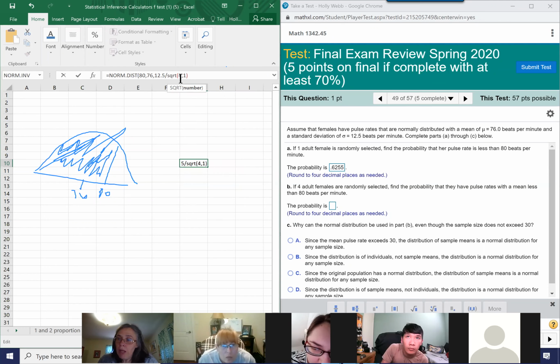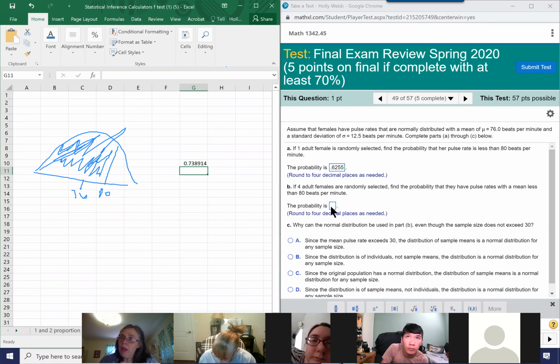But you may have a number you don't know the square root of, so just do square root of the sample size, just like that. And that number should get bigger. So you see how the only thing I changed, I divided the standard deviation by the square root of the sample size, which tells me that any group of 4 females, there's going to be a 0.7389 probability that their mean pulse rate is greater than 80.